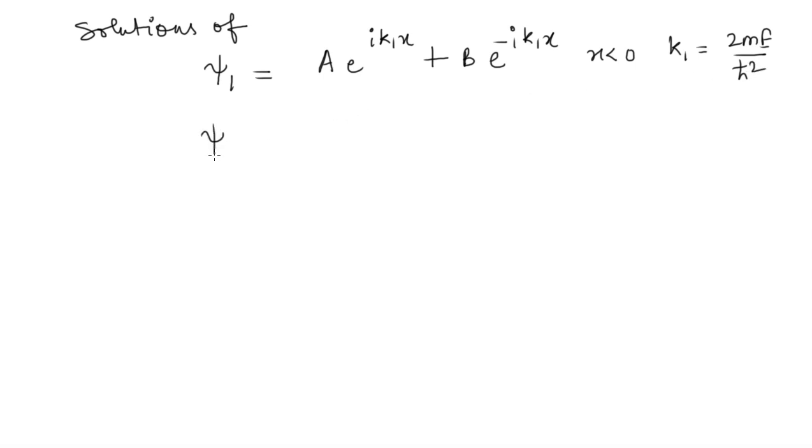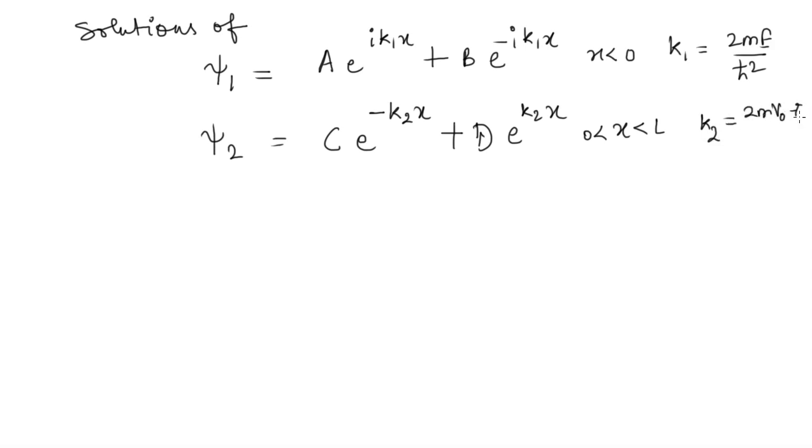Then I get psi 2 is equal to C e to the power minus k2 x plus D e to the power k2 x. You can also take positive here and negative there, it does not matter. This is for x from 0 to L, where k2 is the square root of 2m(V0 minus E) upon h cross squared.